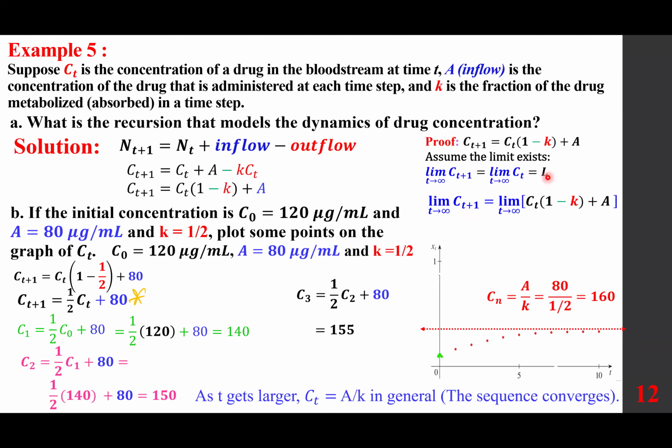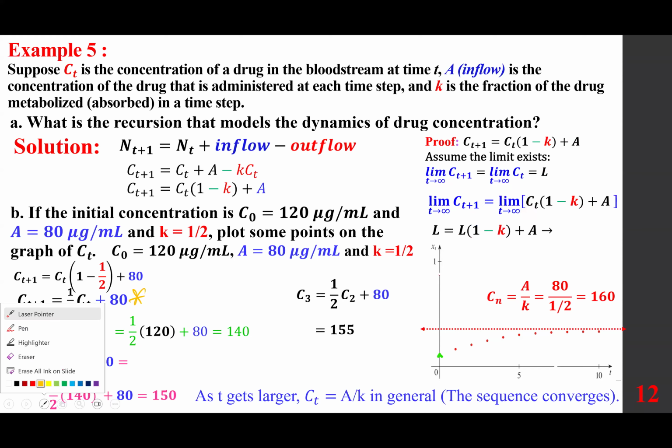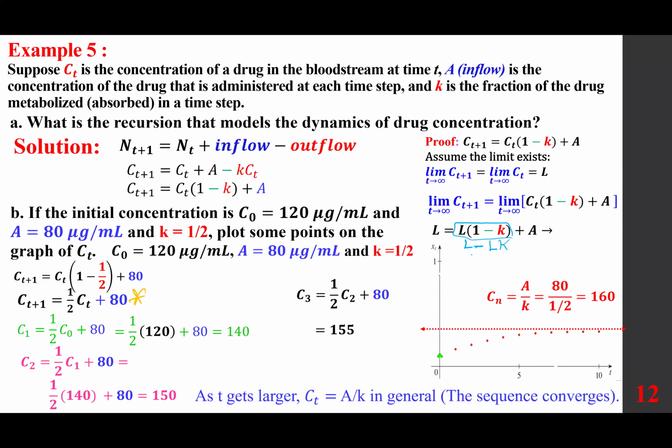So this one can be replaced with L, and the limit of C of t can be replaced with L. And over here, this one is L minus LK, plus A. The L's cancel each other, and L becomes A over K. That is the proof. And that is extremely important because the limiting factor makes a huge difference.